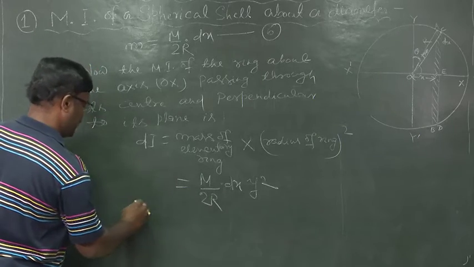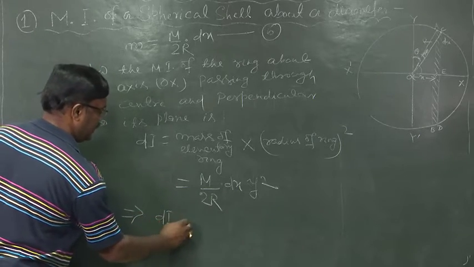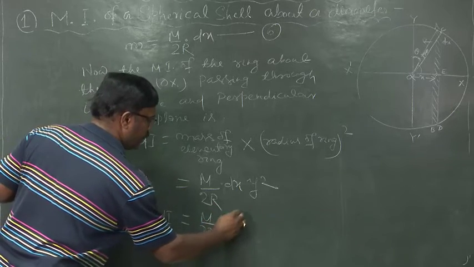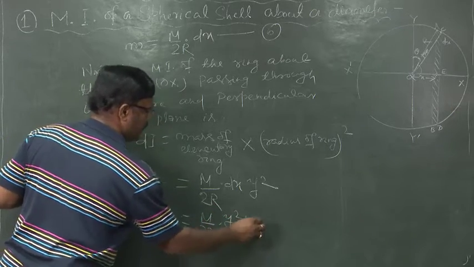This implies dI is equal to m by 2r into y square into dx.